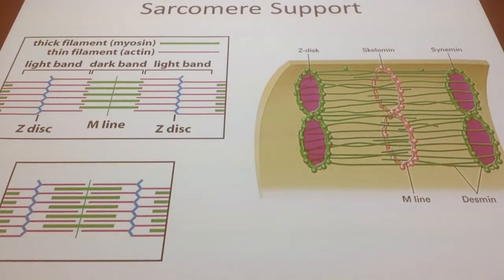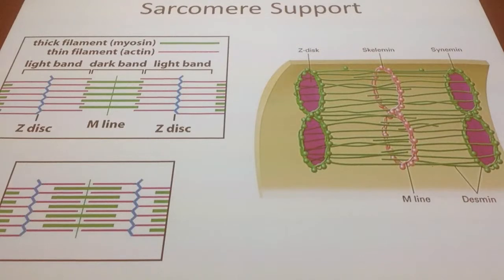Where else do you find intermediate filaments? Skeletal muscle. So let's say here's a sarcomere, and anybody not know what a sarcomere is? It's okay if you don't know. Okay. So roughly, muscle contraction: the cells within, especially skeletal muscle and cardiac muscle, contract.